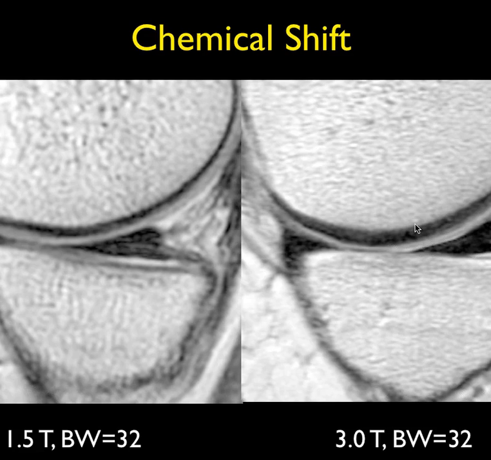And you can see the degree of black line here is twice the thickness, just like we would guess from the physics. Here we can see a little bit of subchondral bone, here the tibia, and that's completely obliterated, and we'll see a white line around there where both fat and water overlap at 3T. So this shows that you double the chemical shift artifact when you go from 1.5 to 3T if everything else is the same.